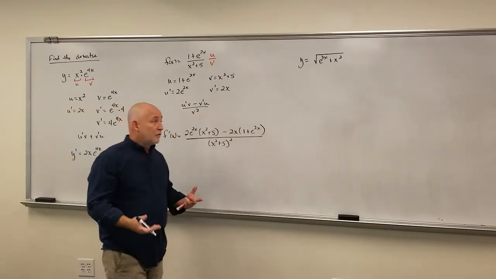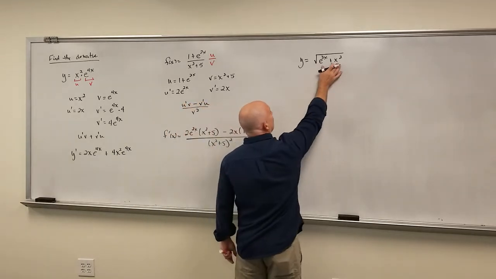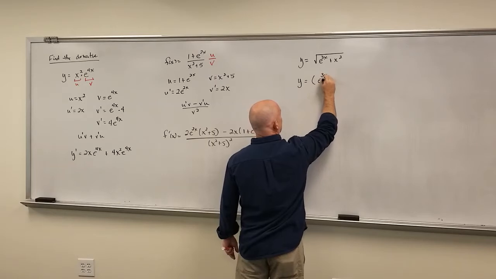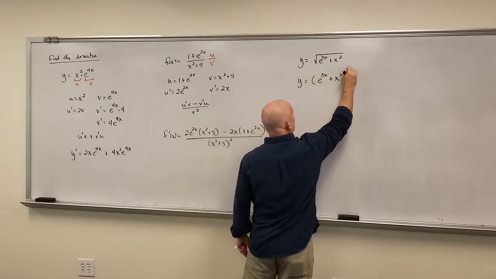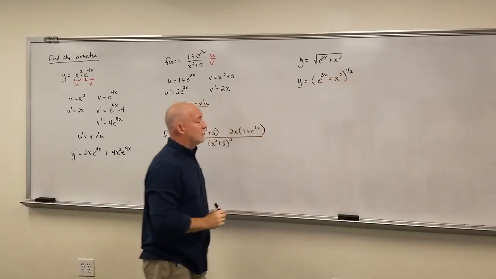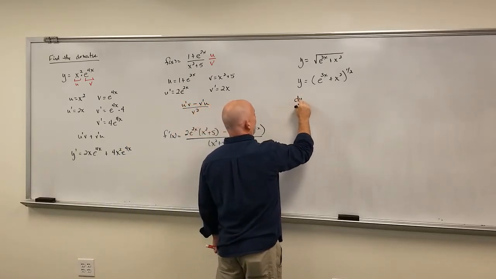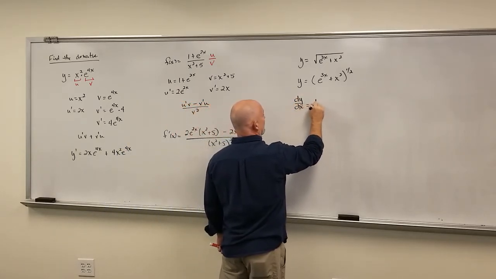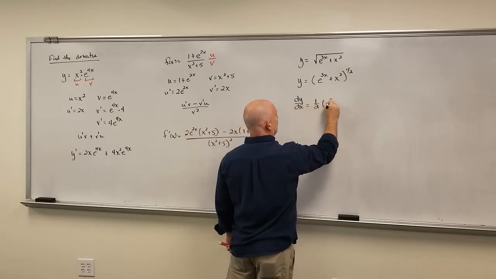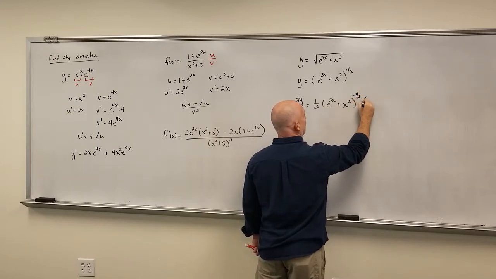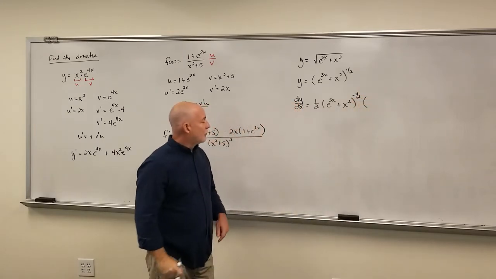Well, we always have to use our chain rule, and I see we have this function stuff inside the square root. So I'm going to go ahead, before I take the derivative, and write that square root as the 1/2 power. So to take the derivative here, so y prime, or dy dx, bring down the power, copy the inside, take one away from the power, multiply by the derivative of the inside.